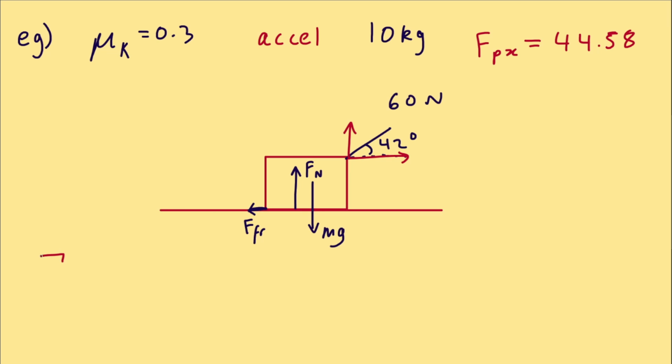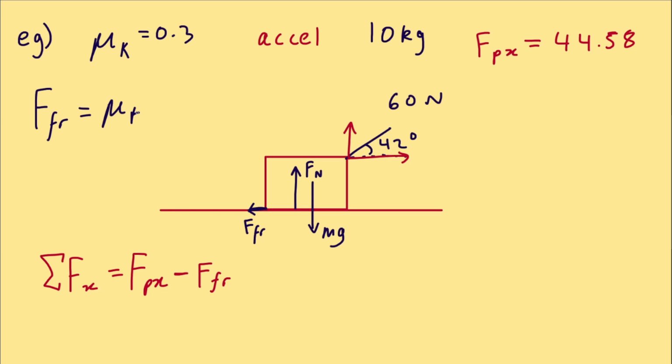So let's apply the second law. The net force in the horizontal direction is our horizontal pull subtracted by friction, because friction is acting against us. So it decreases our net force. But what is the friction? Let's use our formula: friction equals kinetic coefficient times Fn. The normal force when an object is at rest vertically is equal to gravity.